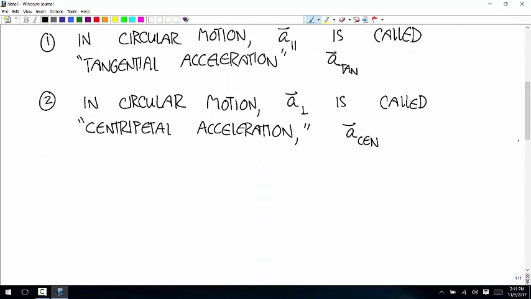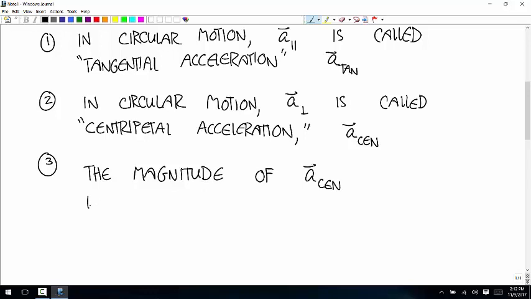And the last thing, so those two are just renaming things, but the last one is actually a calculation that we can do now that we never had before. The magnitude of the centripetal acceleration, that's not how you spell magnitude, is the speed of the object squared divided by the radius of the circle.